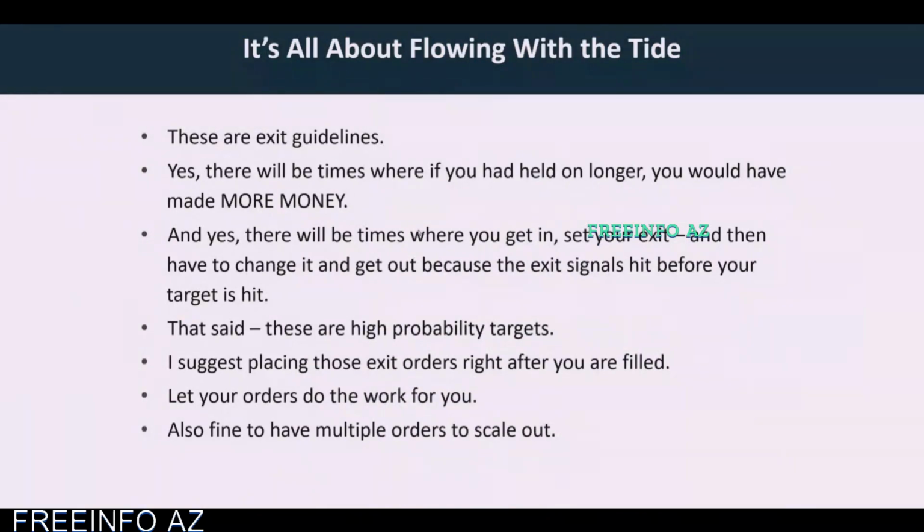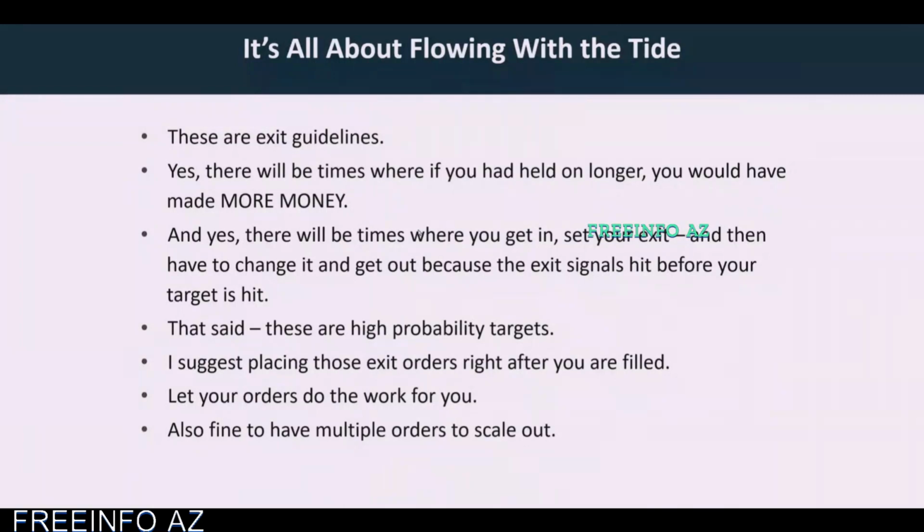Yes, there will be times where if you had held on longer, you would have made more money. And yes, there will be times when you get in and set your exit, and then you have to change it and get out because the exit signals show up before your actual target is hit. That's fine. But that multiplier of 0.6 is a pretty high probability target.